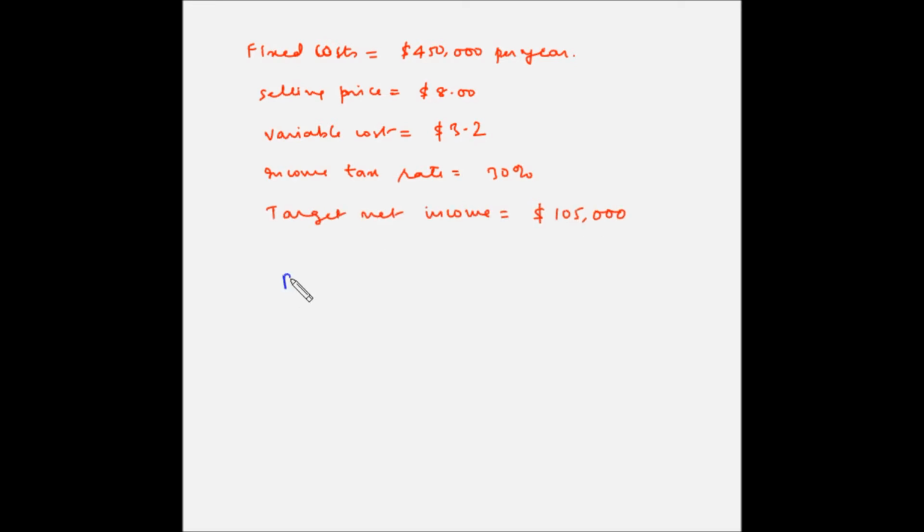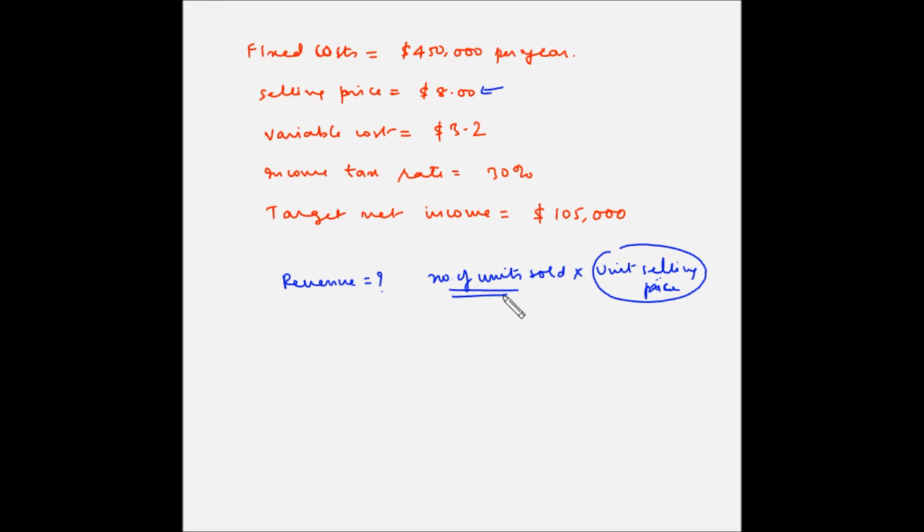So basically here we have to find out the revenue required to achieve a target net income of $105,000. Now revenue is nothing but the number of units sold multiplied by the unit selling price. Now we already know the unit selling price, which is this, but we don't know the number of units sold. So this is what we have to find out.